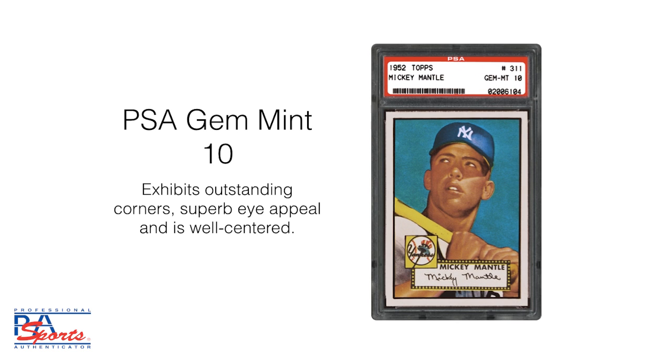Now keep in mind that a PSA Gem Mint 10 doesn't literally have to be perfect, but it does have to be virtually perfect. This Mantle card happens to be a population of 3, but this particular example is widely considered to be the finest example of the 1952 Topps Mickey Mantle. It is virtual perfection.